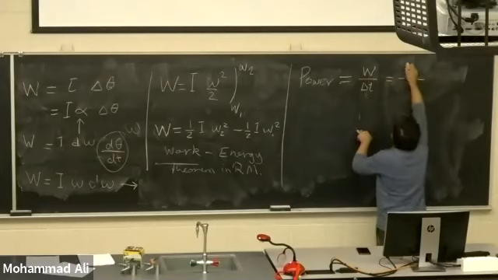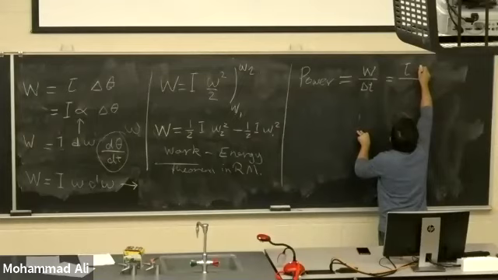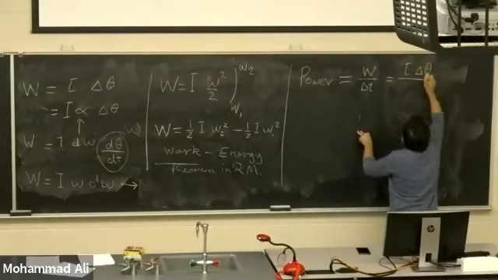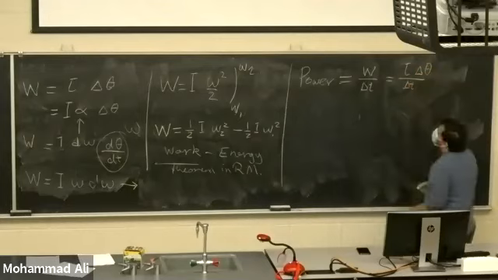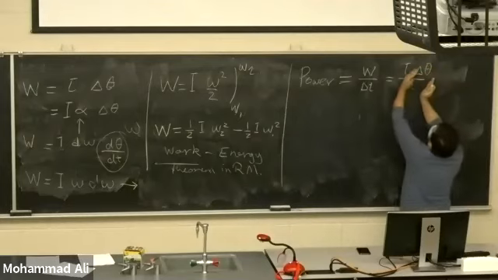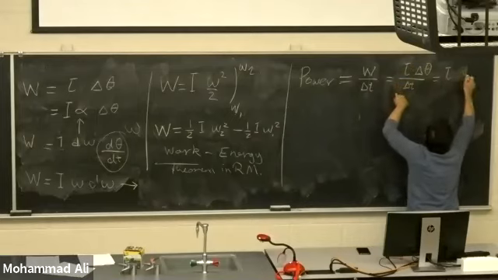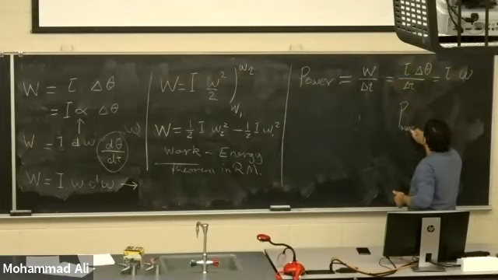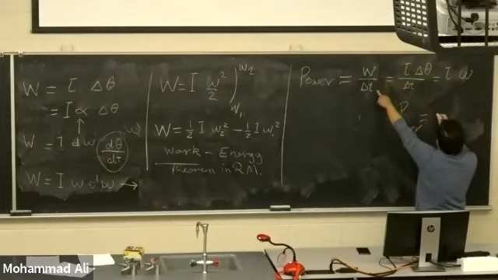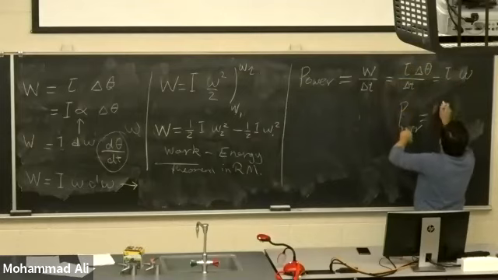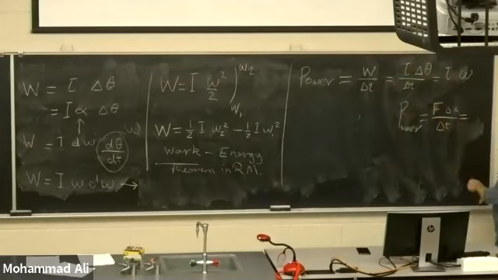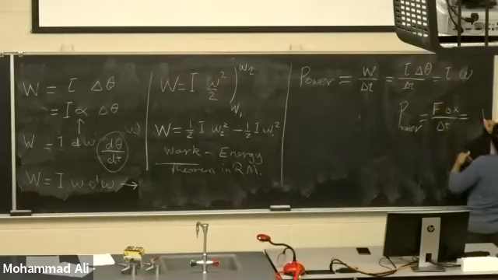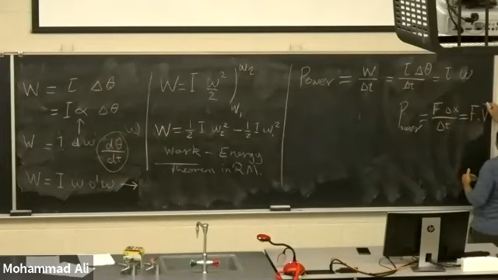The work is tau multiplied by delta theta, over delta t. It is the power. Delta theta over delta t is omega, so power is tau multiplied by omega. The power from before is equal to the work, which is the force multiplied by delta x over delta t. Delta x over delta t is the velocity, and this is F. We have a dot product between them. It is the same.